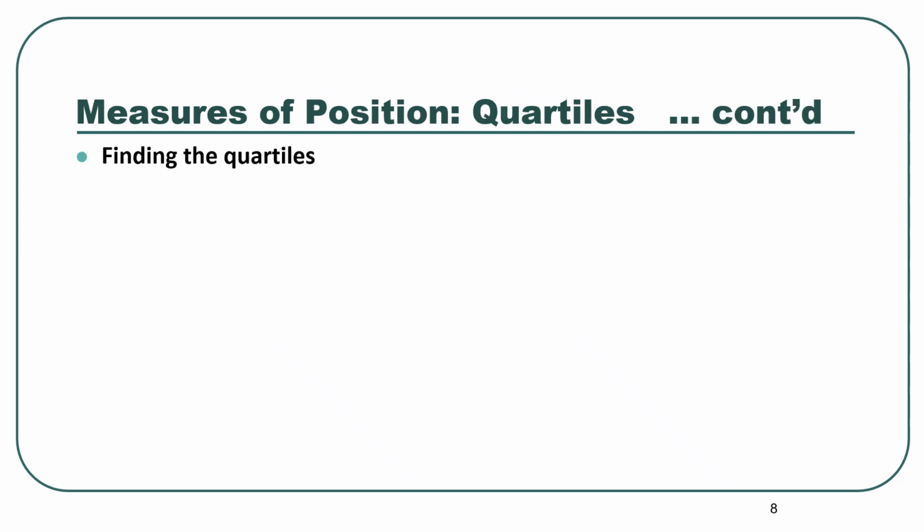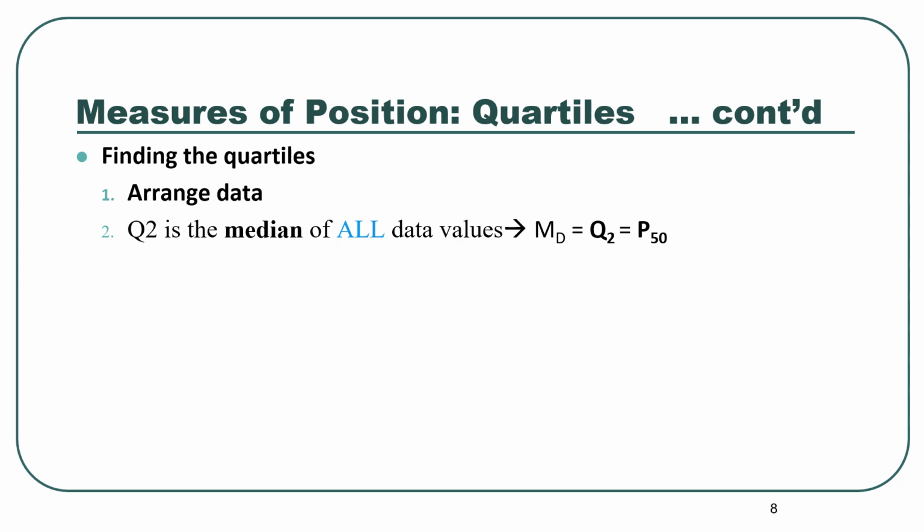So let's see how to find quartiles. To find the quartiles, we need to follow these rules. First, we arrange our data, and then to find Q2, we find the median of all of our data values, because Q2 is nothing but the median, as we said. So the median is equal to Q2, and at the same time this is equal to the 50th percentile.